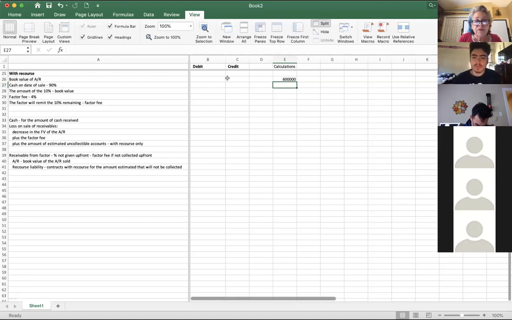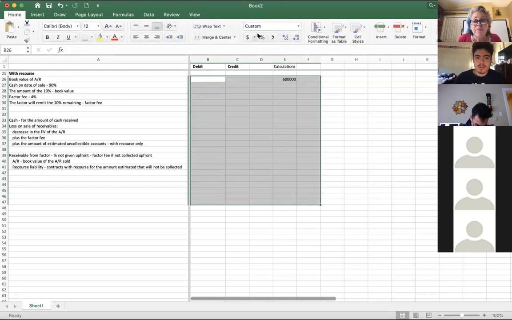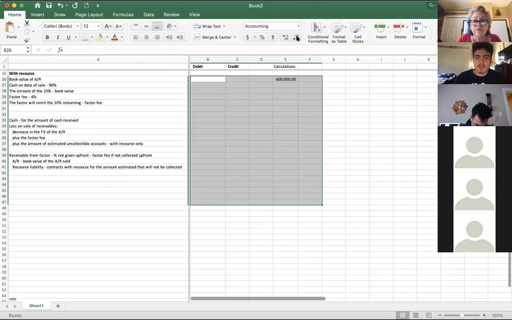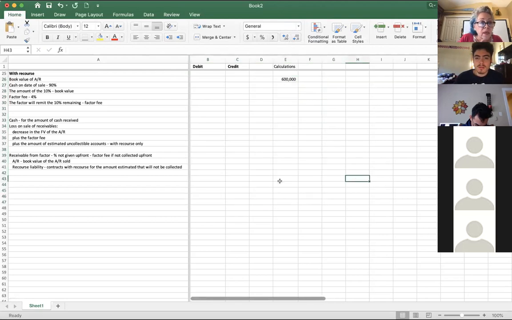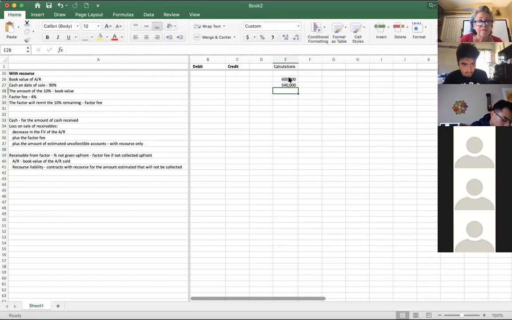The 600,000 is not going to change. The 90% that they're going to remit to me is still the same. So the cash on the date of sale is the book value times the 90%, the 540,000.